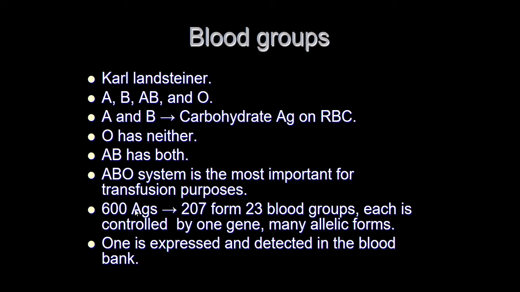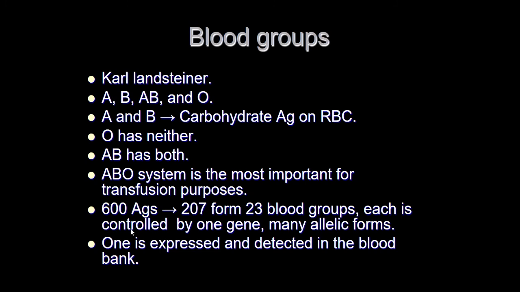Very important to know. We have more than 600 antigens present on the surface of the red blood cells, in about 207 forms. They form almost 23 blood groups.